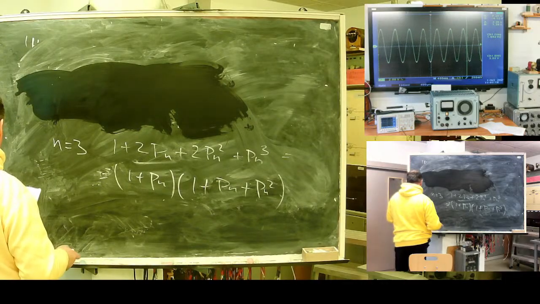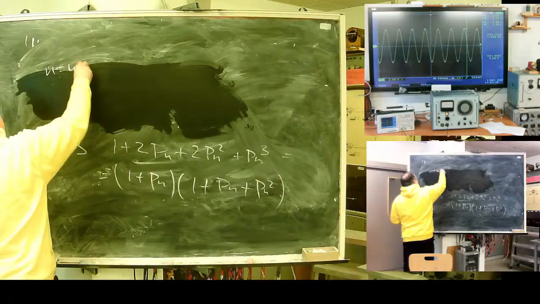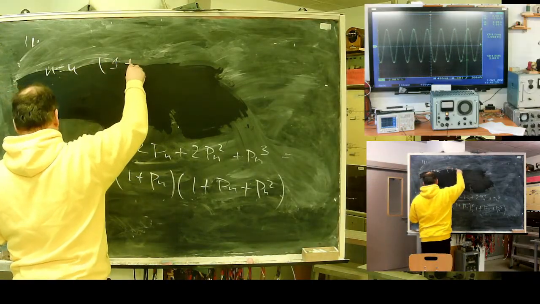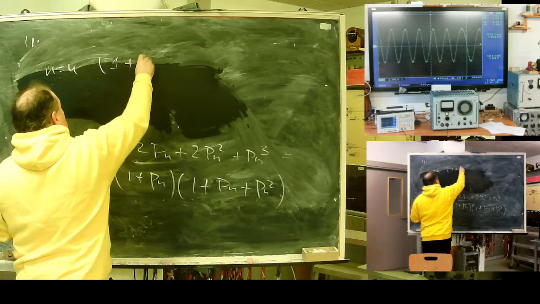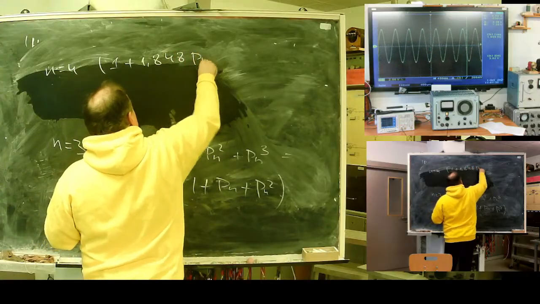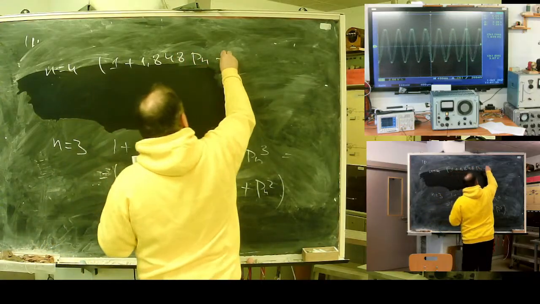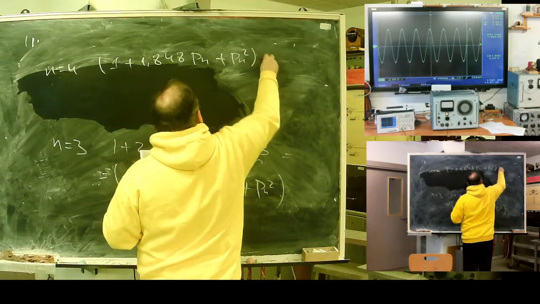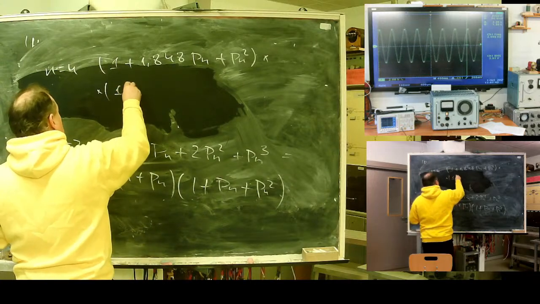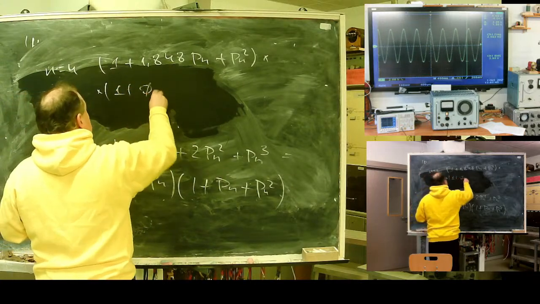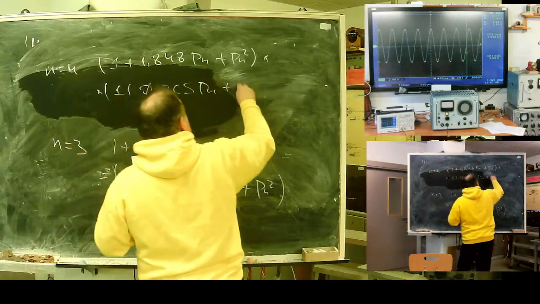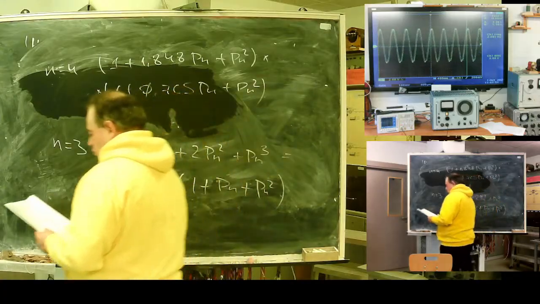For example, fourth order will be 1 plus 1.848 pn plus pn squared, multiplied by 1 plus 0.765 normed frequency plus normed frequency squared, and so on.